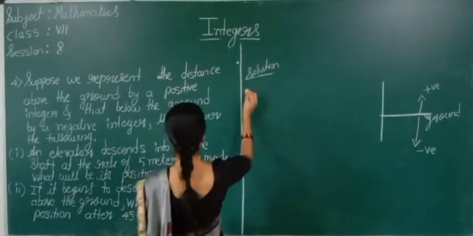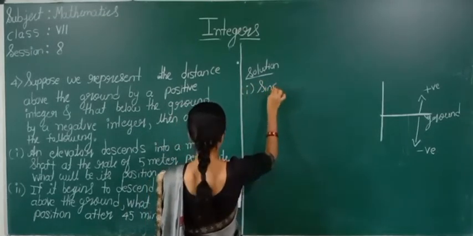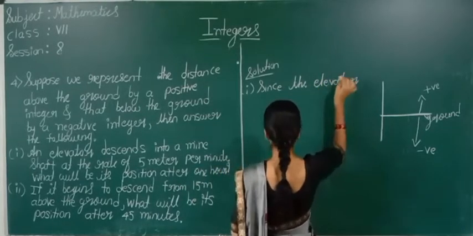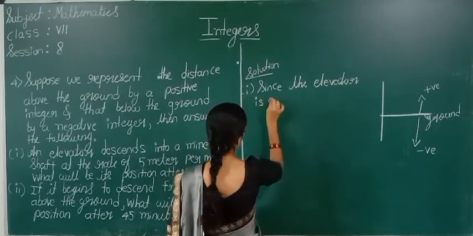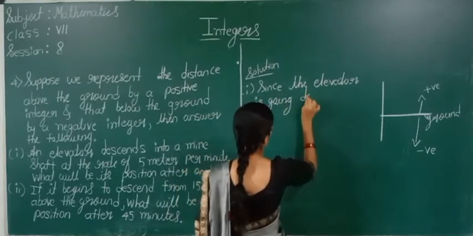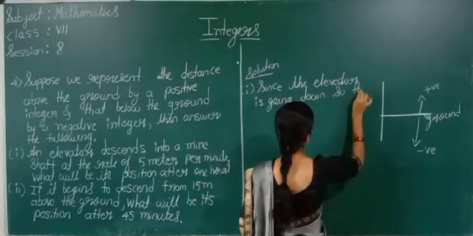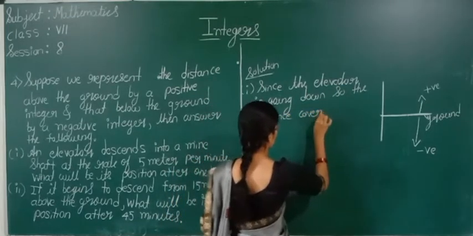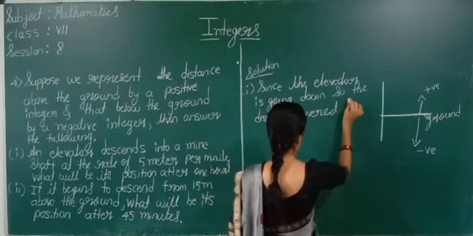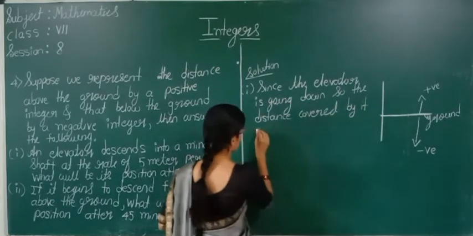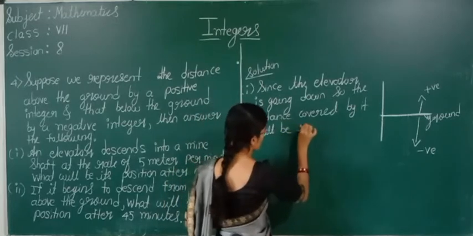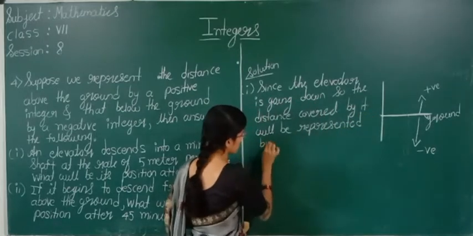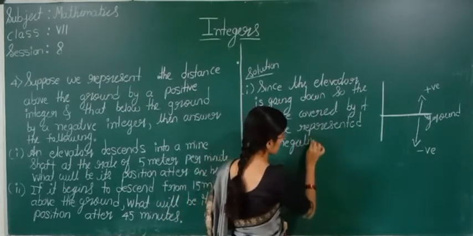Now see here, first one. Since the elevator is going down, the distance covered by it will be represented by a negative integer.